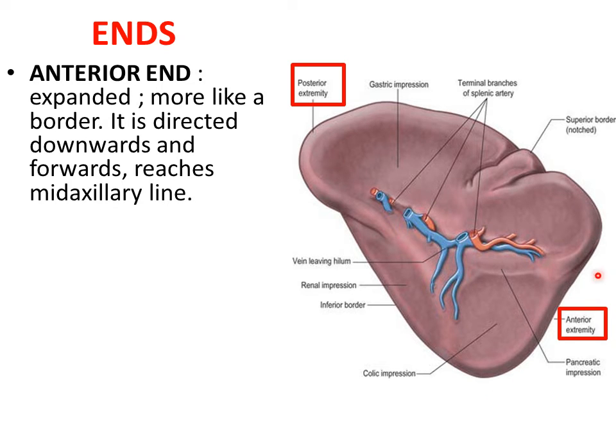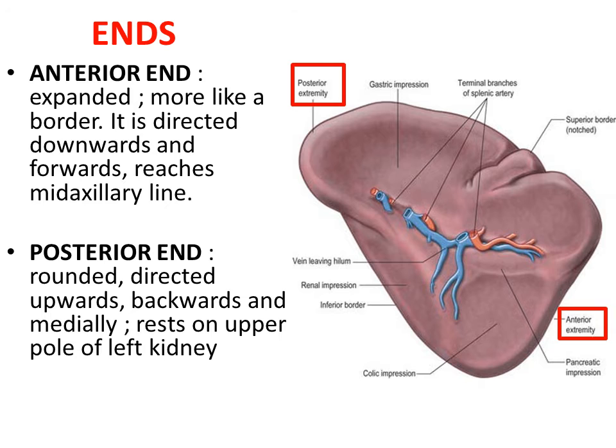Next is the posterior end or medial end. It is rounded, directed upward, backward and medially, and it rests on the upper pole of the left kidney. So this is about the two ends of spleen, anterior and posterior end.